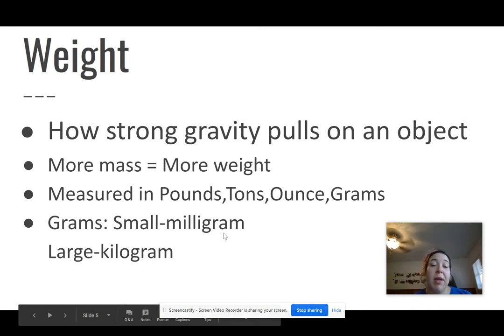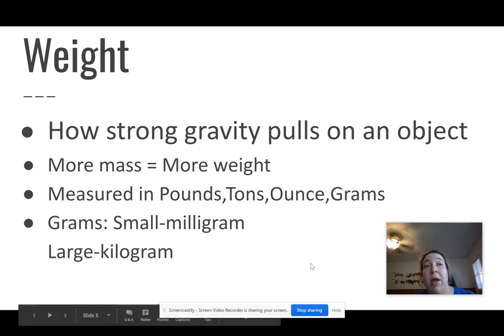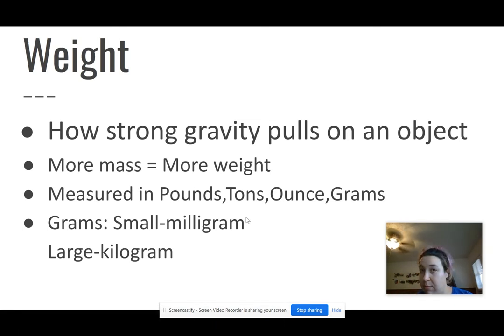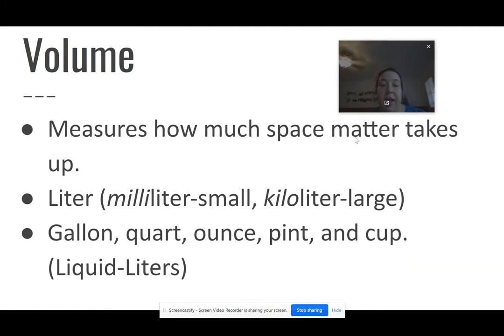So kilogram and milligram. As we keep going and I tell you the different ways we measure different things, liquids and stuff like that, you'll see that we still use the milli and kilo just in front of a new word. So milli, small; kilo, big; gram, grams; weight, grams. Okay, sounds good.